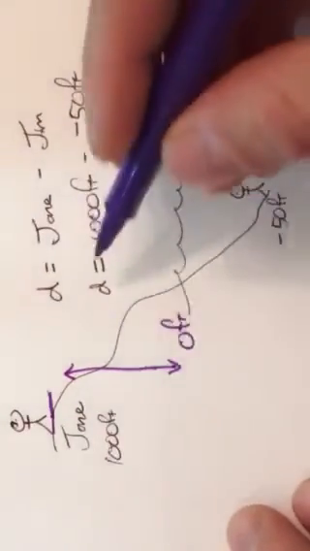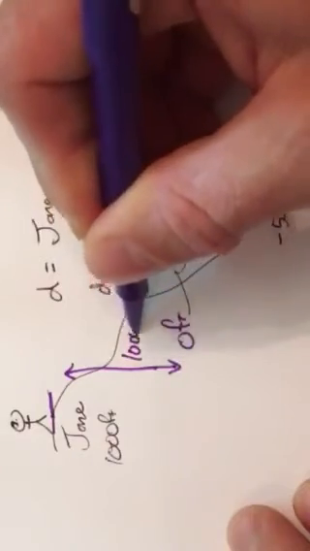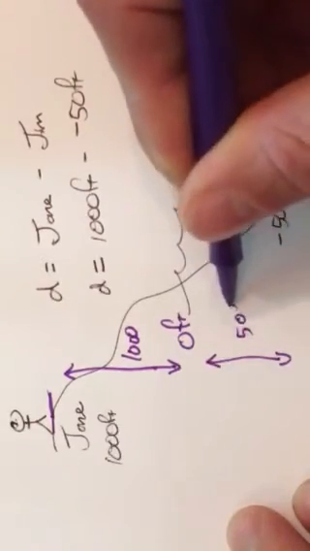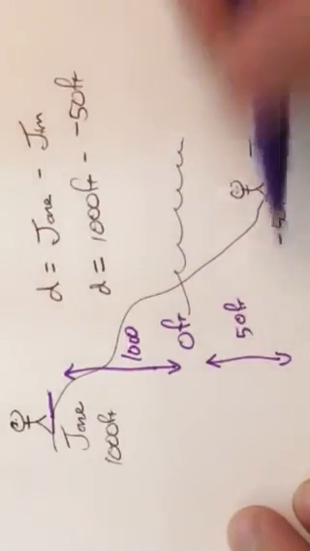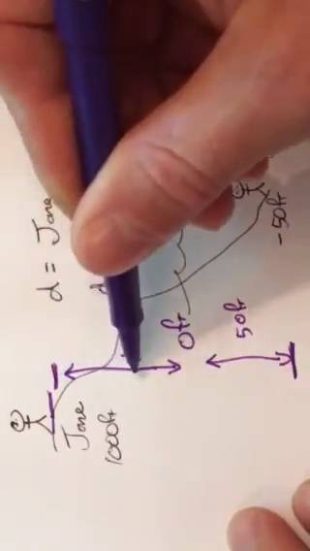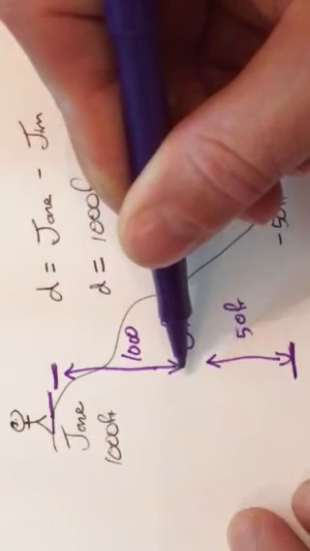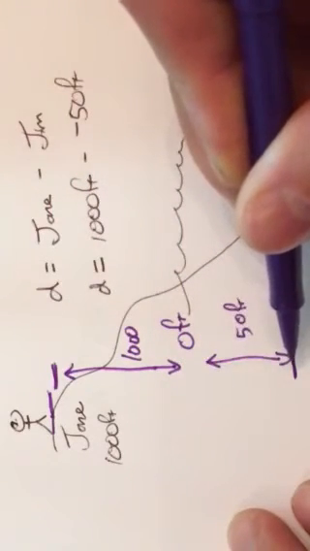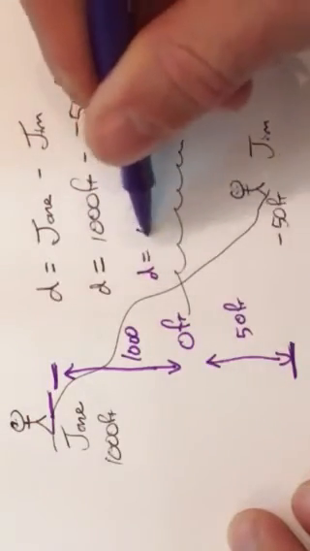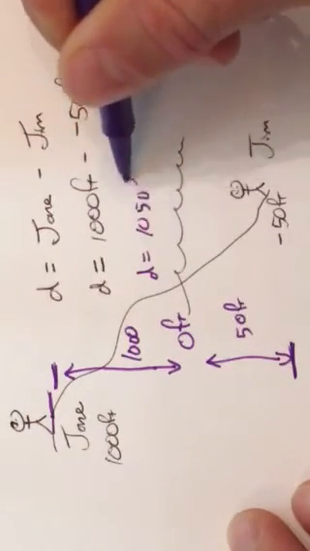So Jane is 1,000 feet away from that. Whereas Jim, I know the picture's not perfect, you have to go an extra 50 feet to get to where Jim is. So really, that's combining, right? You have to go 1,000 feet just to get back to the water, and then another 50 feet to get down where Jim is. So the distance between the two is 1,050 feet.